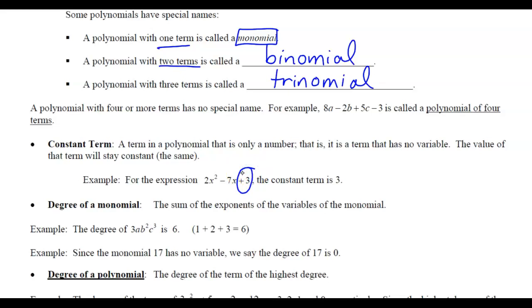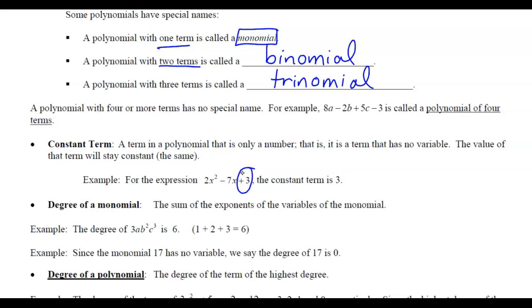Now, getting to the degree of a monomial and then a polynomial, this is something that you may have touched on in junior high, but not so much, and it's going to be something that you need to know for Math 10C. So it's in the review, but it's important. The degree is the sum of the exponents of the variables in the monomial.